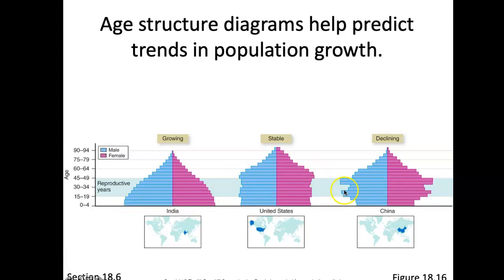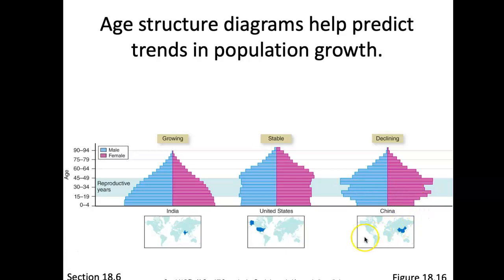And a declining population is one where the number of young children here is lower than that of the reproductive years. So these reproductive age humans are having fewer than 2 children. They're not actually replacing themselves.